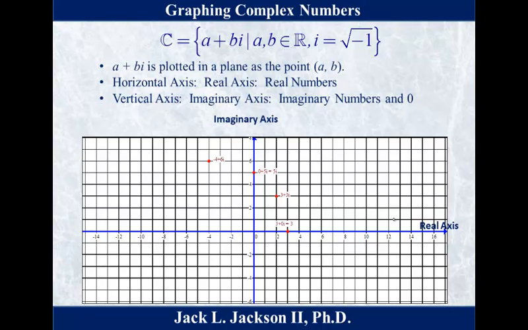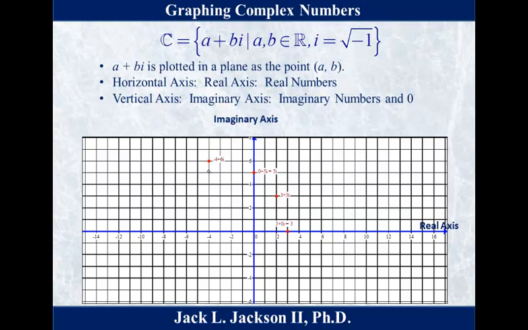So numbers on the real axis are just, the real axis is the real number line, and numbers on that are actually the real numbers. And then we just plot points like this one here that you see over here in the second quadrant. It'd be the ordered pair negative 4, 6, and so we plotted at that point, but that represents negative 4 plus 6i.